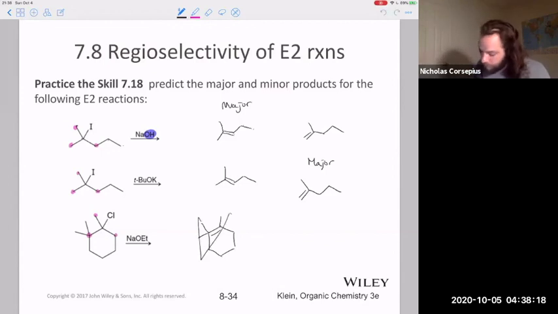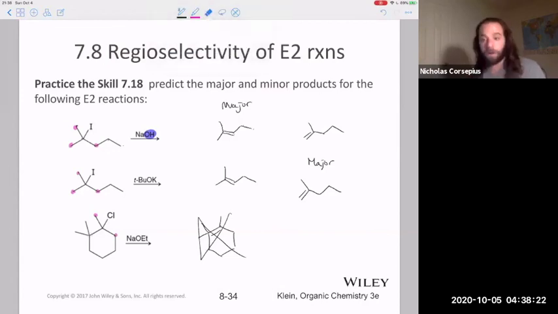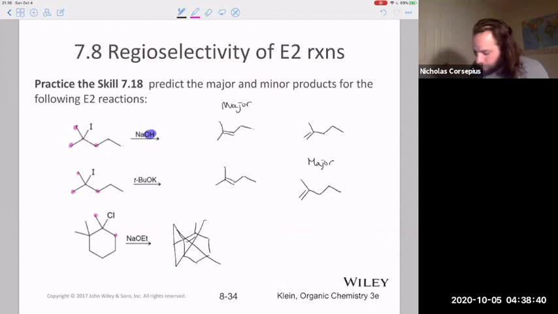So we should be able to spot that this will never occur because this beta carbon right here doesn't have any hydrogens to be eliminated. So the first thing you've got to do, on top of all these other considerations, I know it's a lot, is figure out which carbons actually have beta hydrogens. So this wouldn't be produced at all. It just doesn't exist.